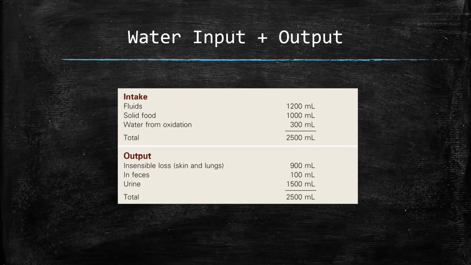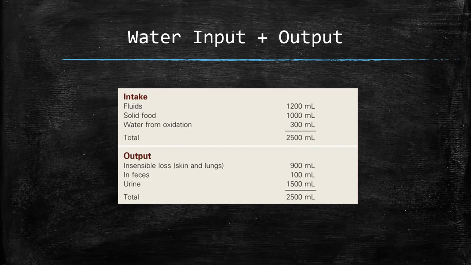Insensible simply means that we don't have a good way of measuring it. You can lose a small amount of water under normal circumstances in the stool, although in cases of pathology, you can lose liters of water through the stool. And then urine output makes up the difference to keep everything in balance.